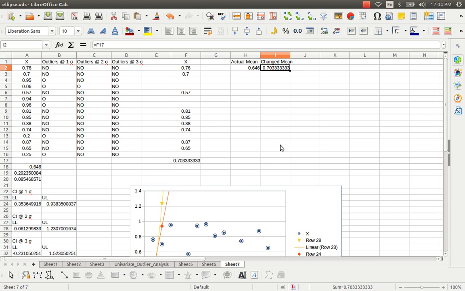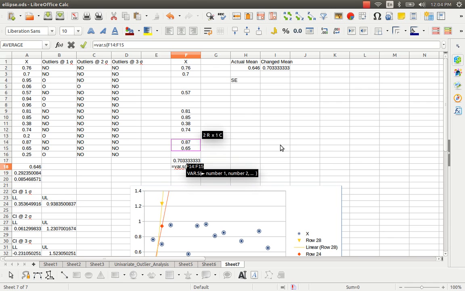So what I need to do is first compute the standard error, which is equal to the square root of s1 square. I'm sorry, I think we have to compute the variance first, because we have the variance for the sample. This is the variance for sample 2, and this is the variance for sample 1.